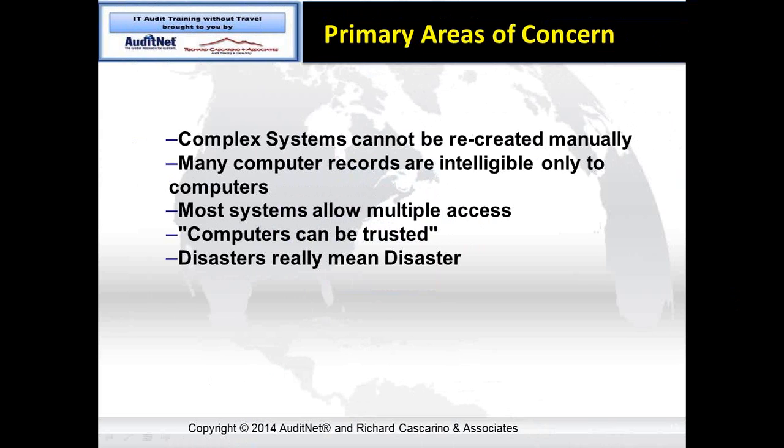We have a concern that most computer systems will allow multiple access, in some cases from anywhere in the world. And you get one of two attitudes prevailing within management. Either they will tell you it came out the computer, it must be wrong, or they'll tell you it came out the computer, it must be right, which is a real problem area.